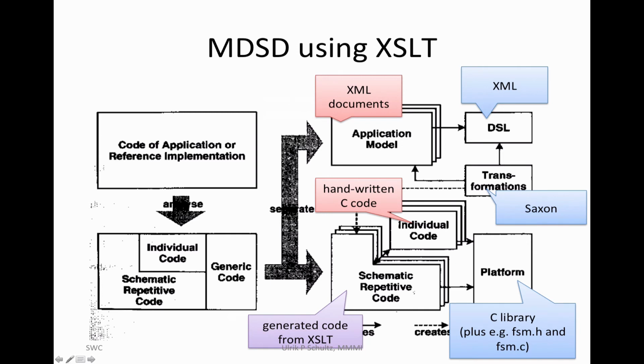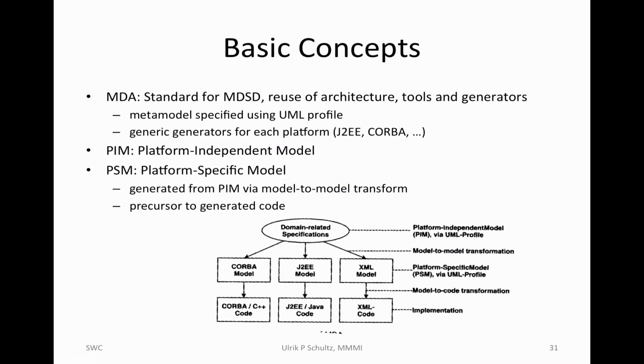We might use the Saxon transformation engine to run our XSLT transformations. Our individual code might be handwritten C code that interacts with generated code from XSLT, and a bunch of C libraries for defining state machines, for example. So many different understandings of the same concept.